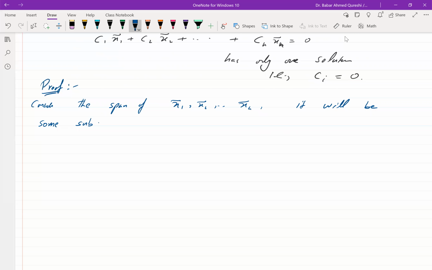Some subspace of Rn, because these are n-dimensional vectors. And essentially, I want to know what the dimension of this subspace is.